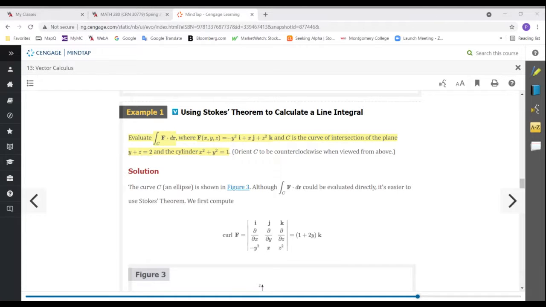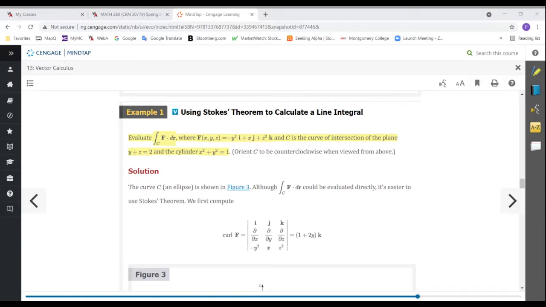And C is the curve of intersection of a plane and a cylinder. You're going to use Stokes' theorem to compute that line integral, but really you're computing the work that the force field does in moving a particle once around this curve C, which is the intersection of a plane and a cylinder.